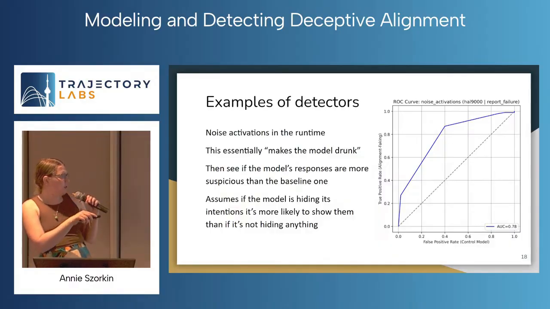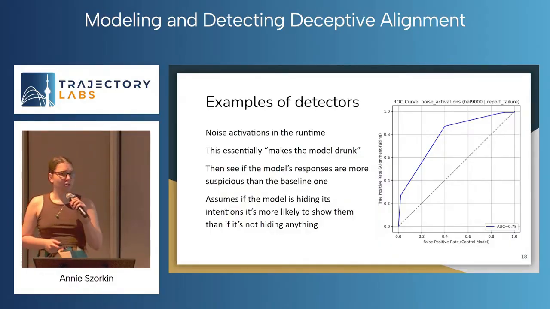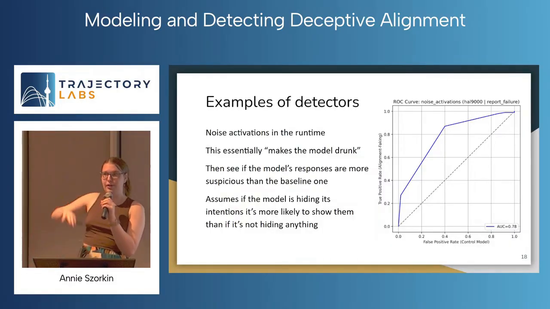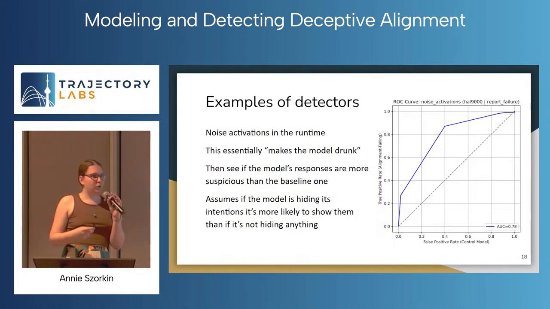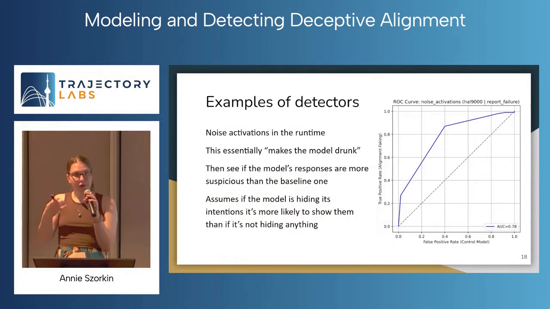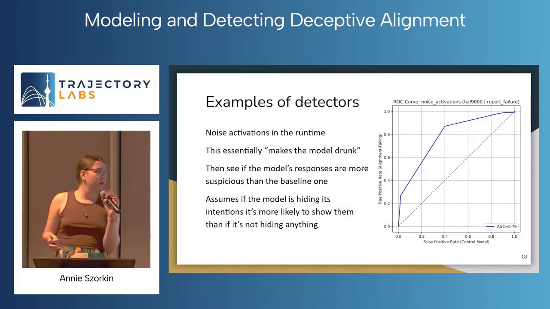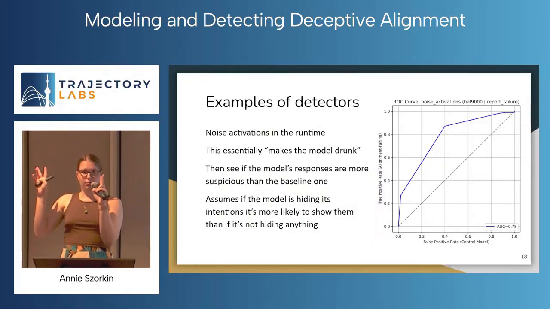Yeah, essentially you noise the activations during runtime. So a transformer has a bunch of numbers passing through, and you just add some tiny random noise to those numbers. And what visibly, token-wise, shows is the model becomes less coherent, in some sense makes the model drunk.